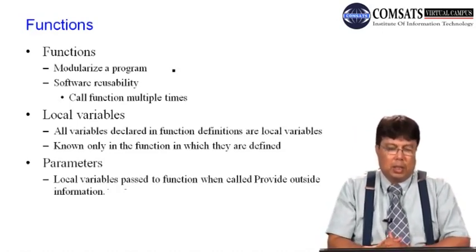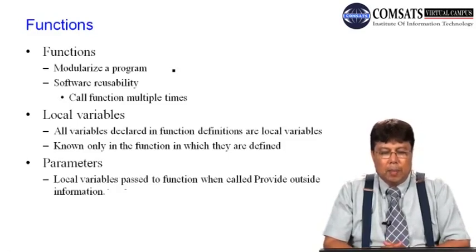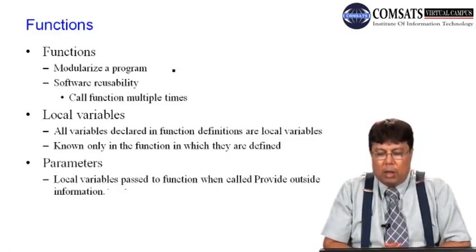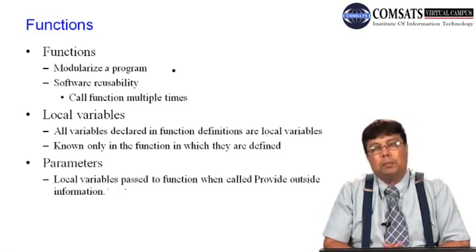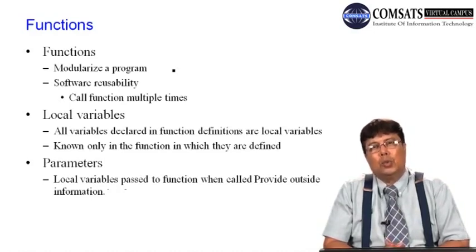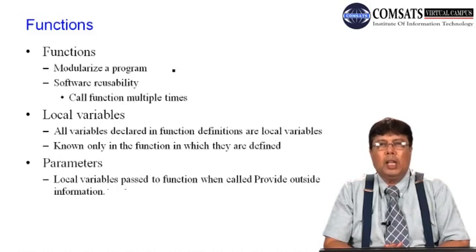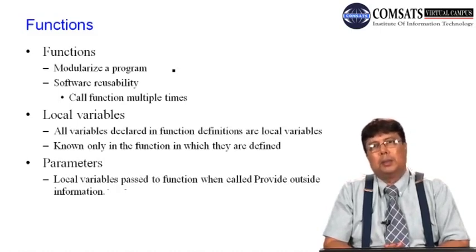Then the parameters. Local variables passed to the function when called provide outside information. Whenever you call a function, you pass certain arguments, certain local variables to that particular function in the form of parameters.